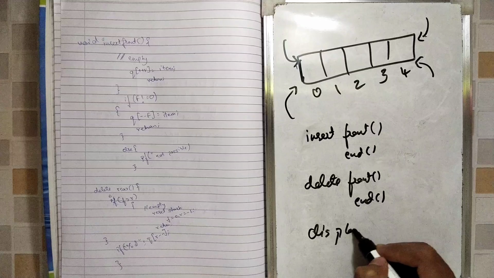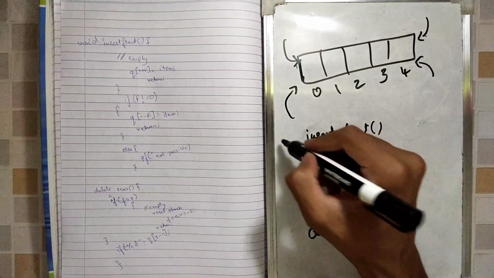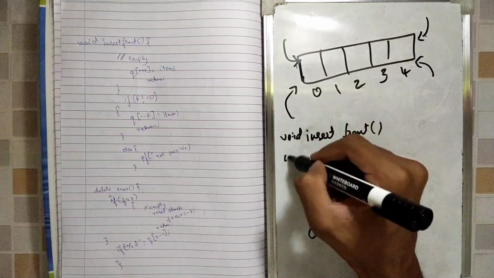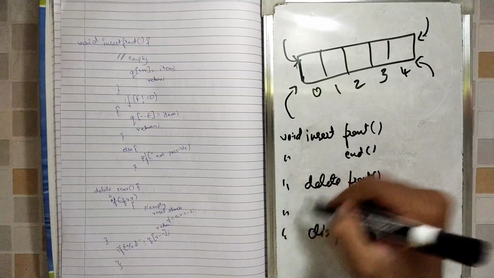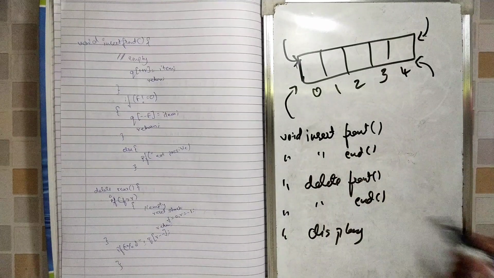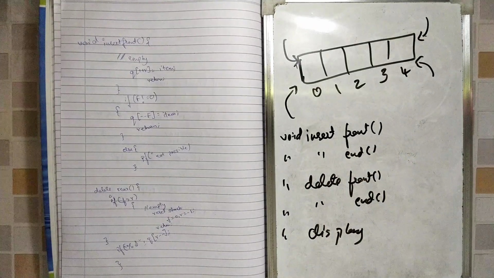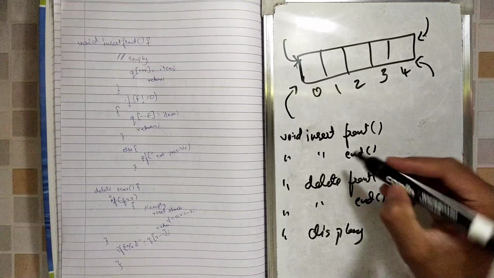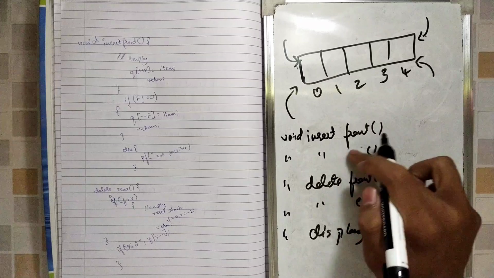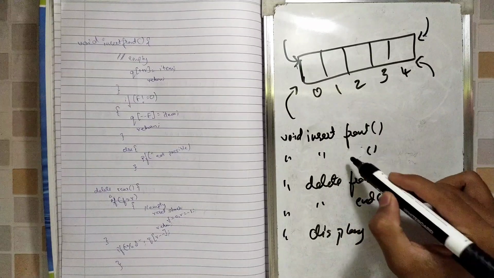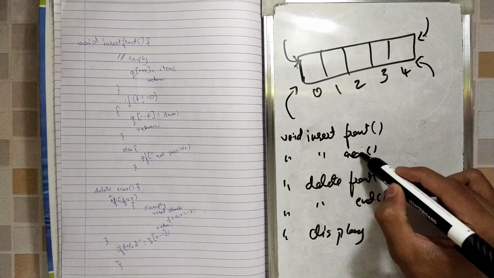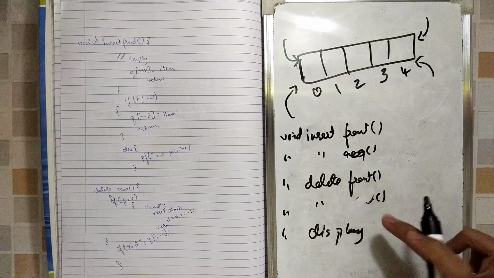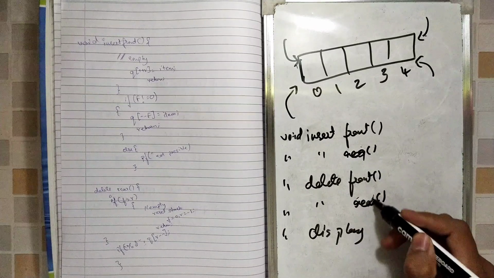These are void functions. Insert end is nothing but insert rear, and similarly delete front and delete rear.